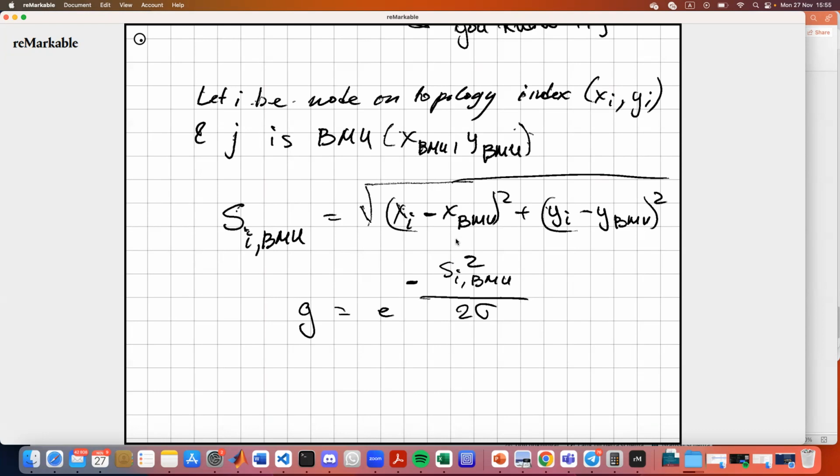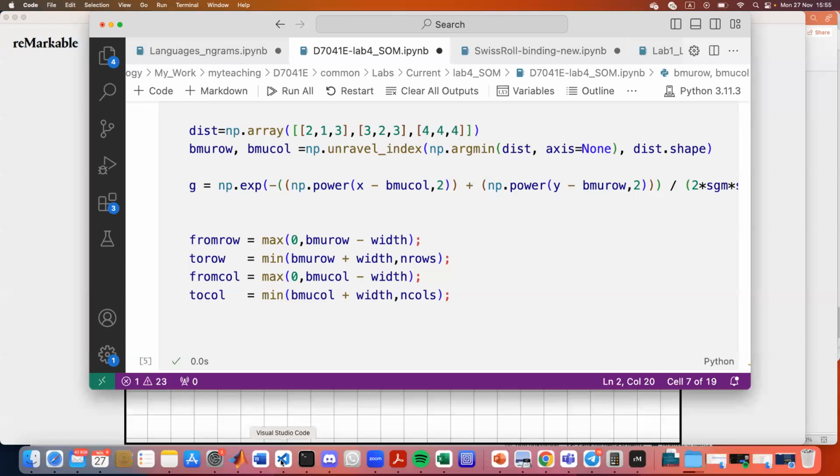So then the square root and basically go off. Yes, and that is what is written here.